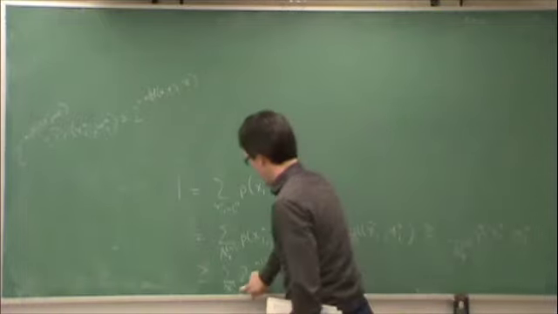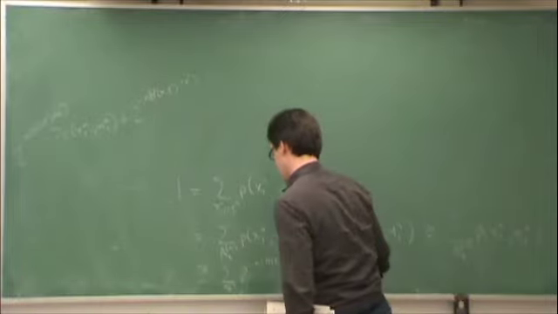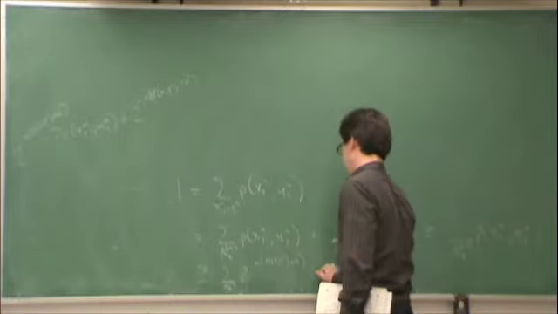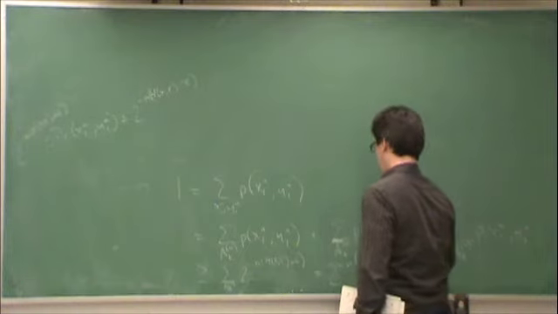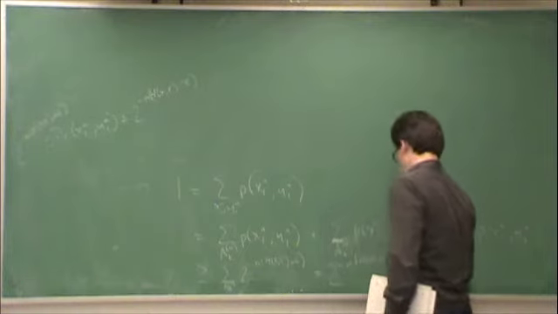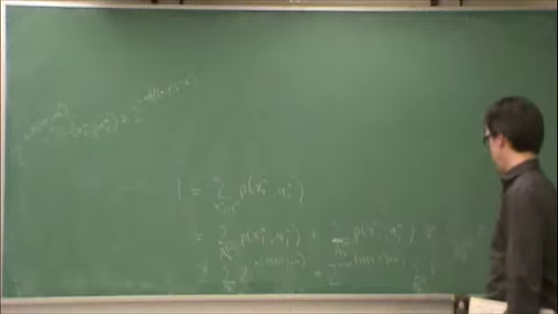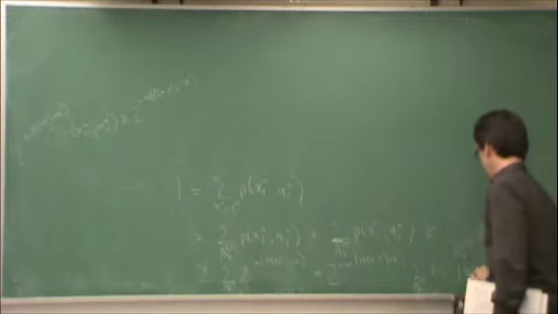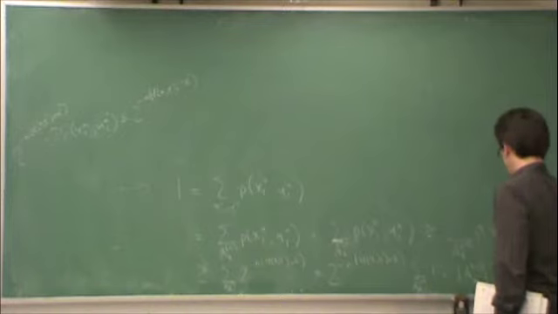Now, this term is independent of x and y, so I can take it out of the sum, and I get 2 to the minus n times (h of x and y plus epsilon) times the sum over the members of the typical set of 1, which is equal to the cardinality of the typical set times 2 to the minus n times (h of x and y plus epsilon).